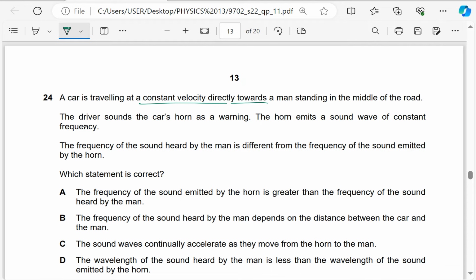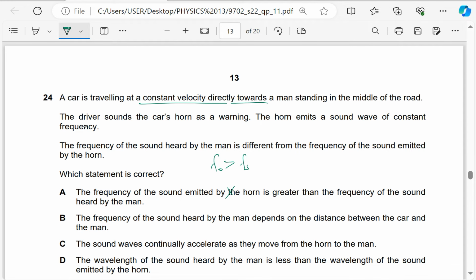the driver sounds the car's horn as a warning. The horn emits a sound wave of constant frequency. The velocity is constant and is moving towards. The frequency of the sound emitted by the horn is greater. No. The frequency observed is supposed to be greater than the frequency of the source. So this statement is not correct. The horn is the source and the observer is f naught.